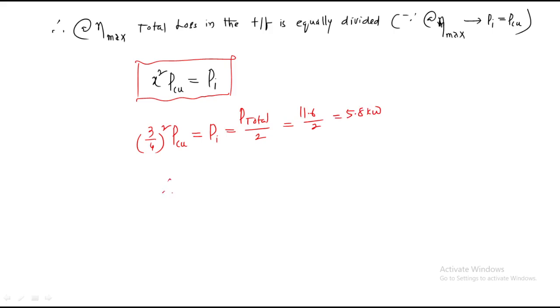Okay. Therefore, from this PCU should be equal to 16 by 9 into 5.8, that is 10.3 kilowatts, and Pi should be equal to 5.8 kilowatts. So we have the copper loss component and the iron loss component, right?